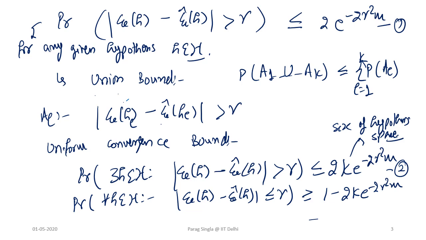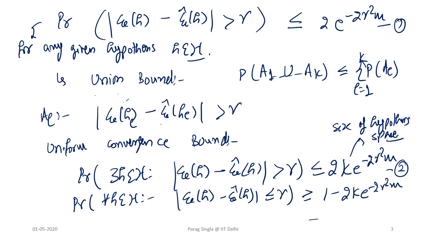So in the equation above, the probability that there exists an h such that this difference is more than gamma is less than or equal to the quantity on the right hand side, which is the same as saying that the negation of the quantity inside the left hand side holds: for all hypotheses belonging to the hypothesis class, the difference between epsilon h, the generalization error, and the training error is less than or equal to gamma.